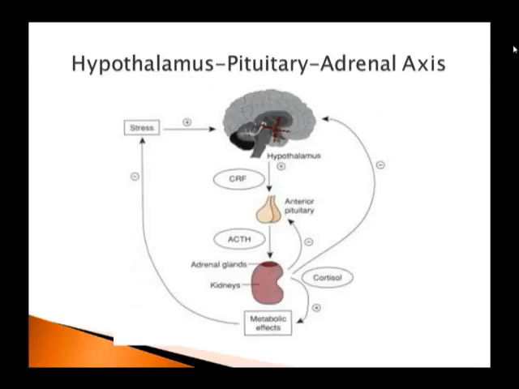That structure receives information from the body that tells it, hey, we need more cortisol. So the hypothalamus outputs a chemical called CRF. CRF then flows down to the pituitary gland, which is sitting in a small little gland at the base of the brain, and it tells the pituitary to output a chemical called ACTH.